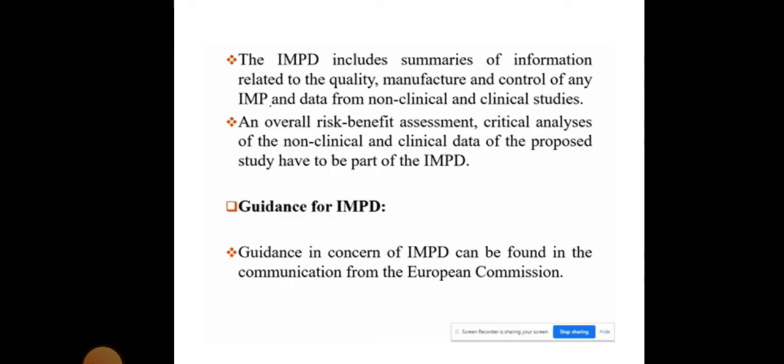That is, it consists of CMC of any IMP and the data of clinical and non-clinical studies. And the overall risk benefit assessment, a critical analysis of the non-clinical and clinical data of the proposed study, has to be part of the IMPD.